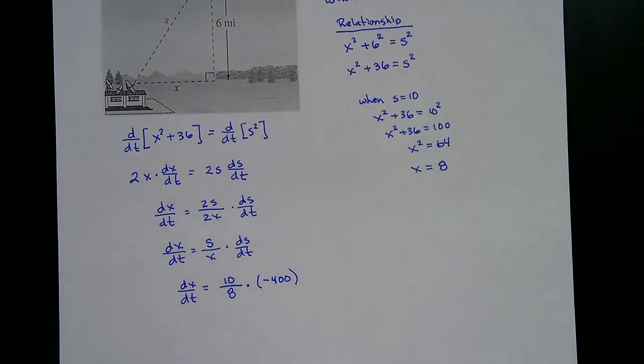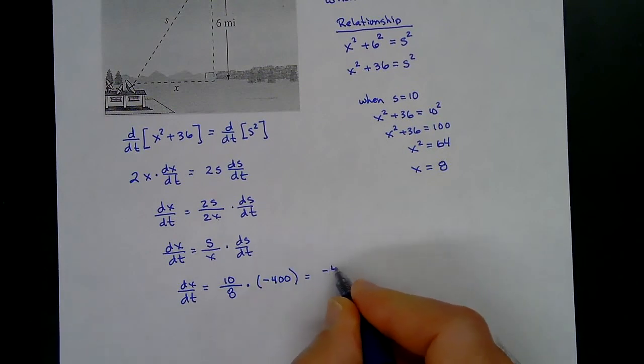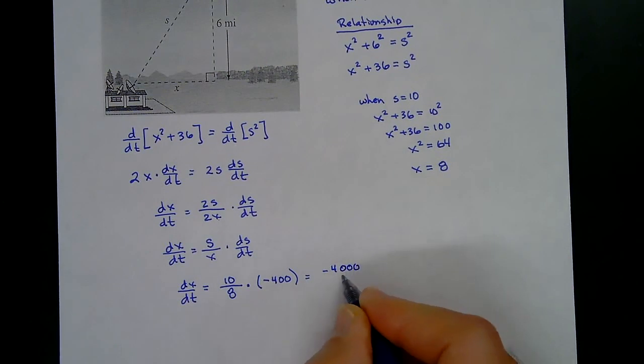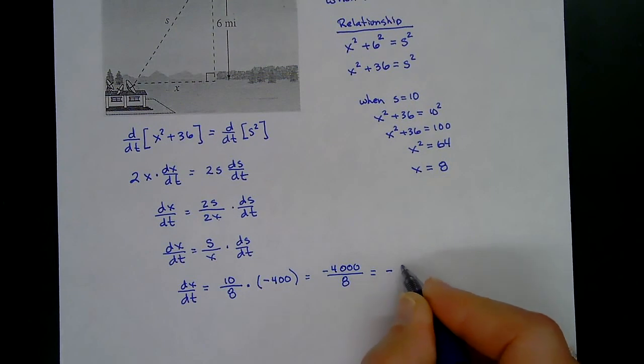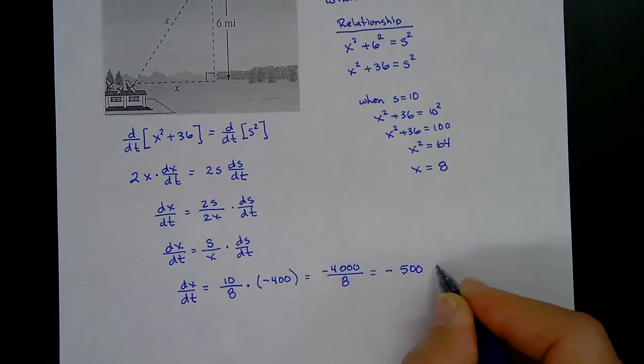Okay, and so this becomes negative 4,000 over 8, which becomes negative 500 miles per hour.